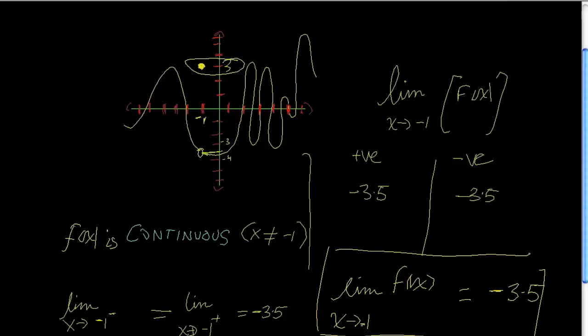So why are we writing -3.5 and not 3? See, limits are about what happens when we approach a certain value. We don't care about what the value is at that point. Like in this case, we don't care what the value of f of x is at -1. What we care about is what it is approaching as x approaches -1.